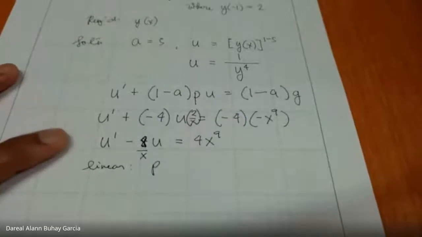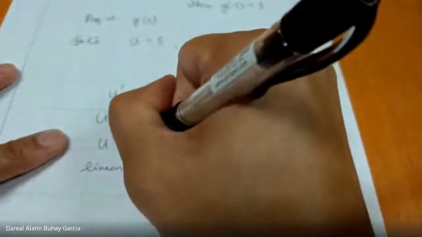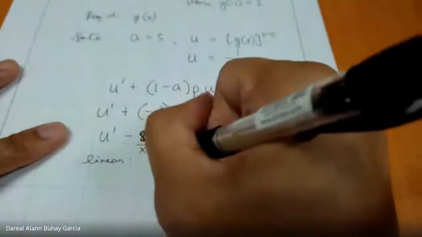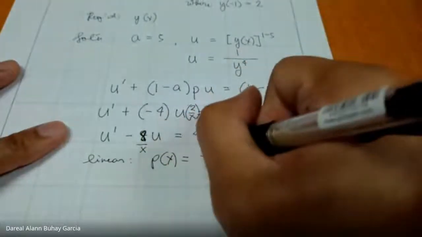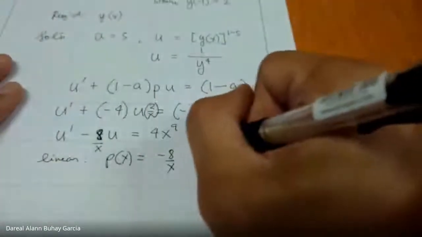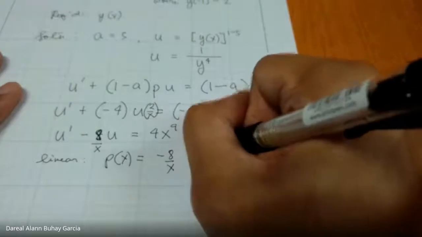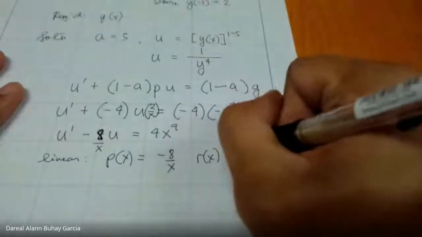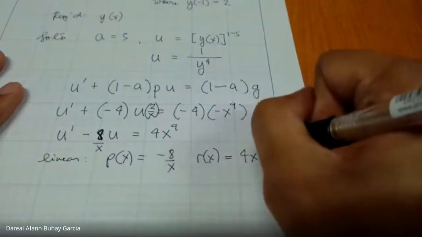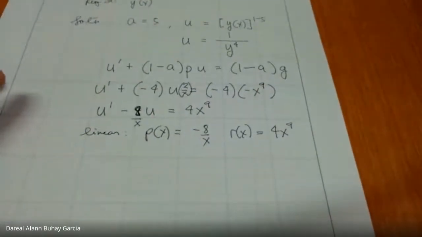Okay. Where our p of x is equal to negative 8 over x, and our r of x is 4x to the power of 9. Purely functions of x alone.